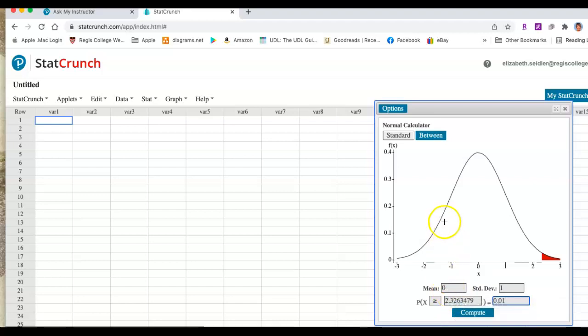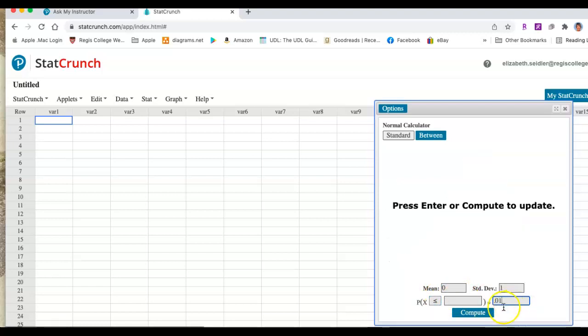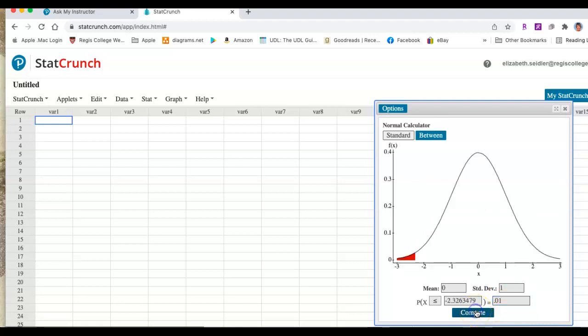Okay. If I wanted to check a left-handed or left-tailed distribution with the same level of significance, 0.01, it should be symmetric.